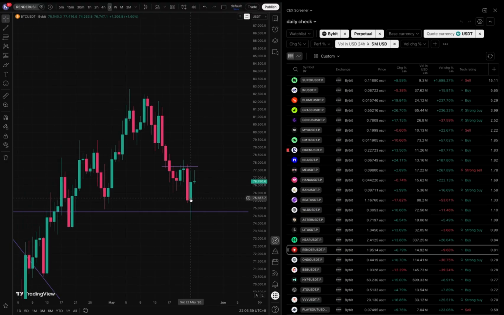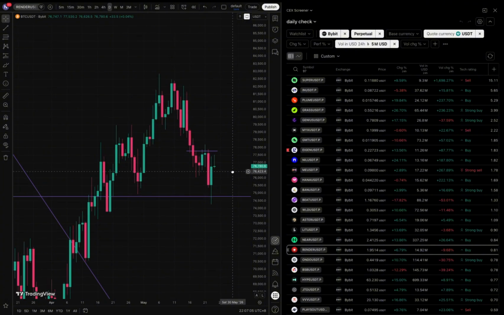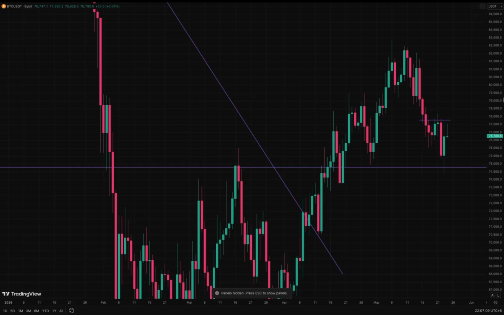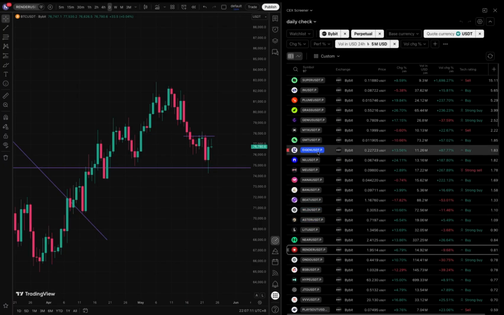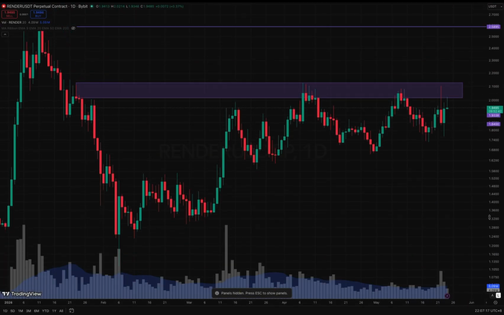This was not an engulfing candle. And it broke the trend anyway, right? So we're not sure where Bitcoin is gonna go. Let's take a look at Render then.